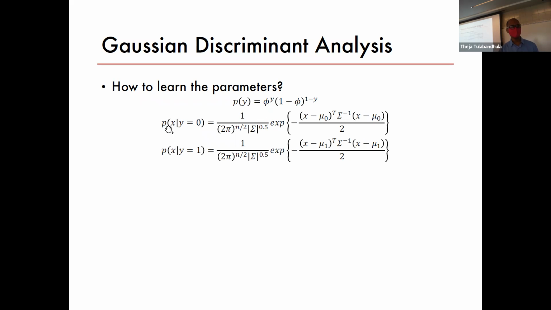Similarly, the Gaussian distribution specification is something like this. It looks like a very messy expression, but the important components are x, mu naught, sigma, and mu1, and sigma also appearing here. So these are the full specification of the marginal distribution over y, and the feature distribution under each class.